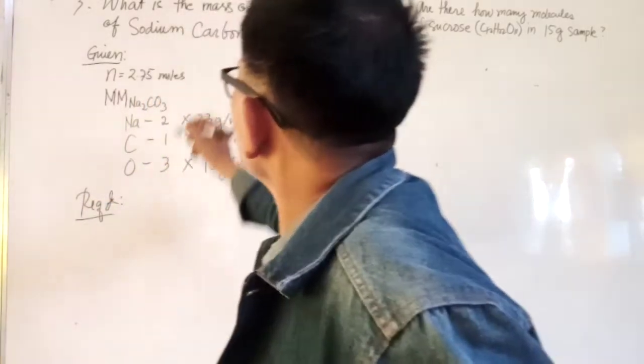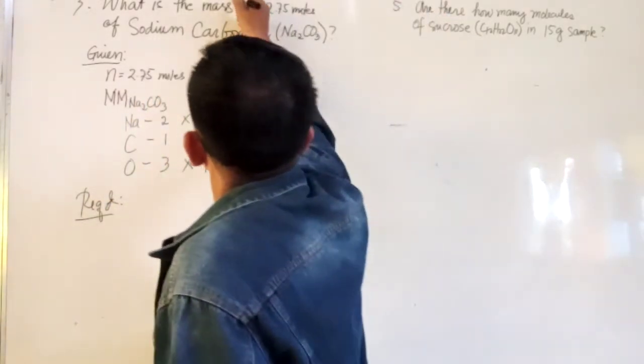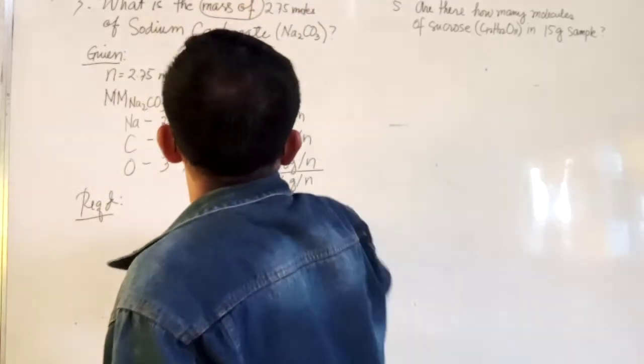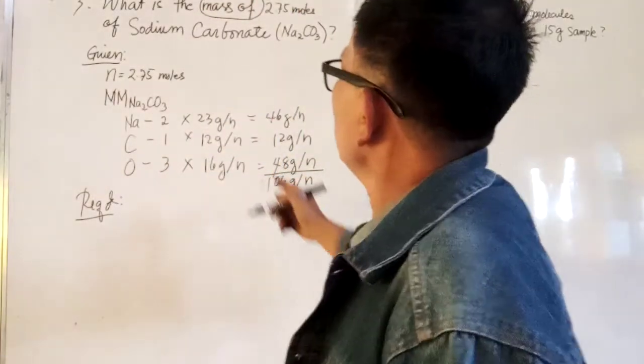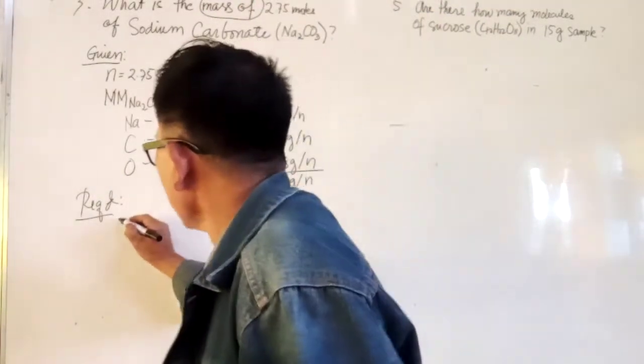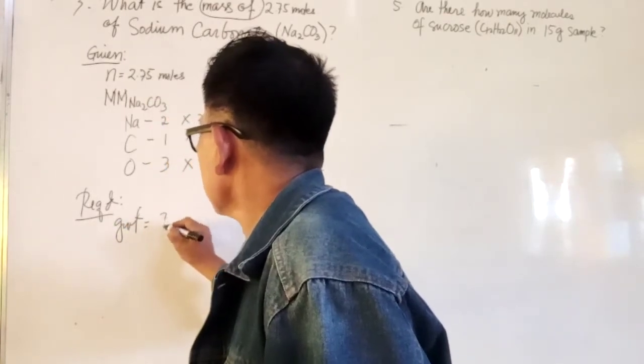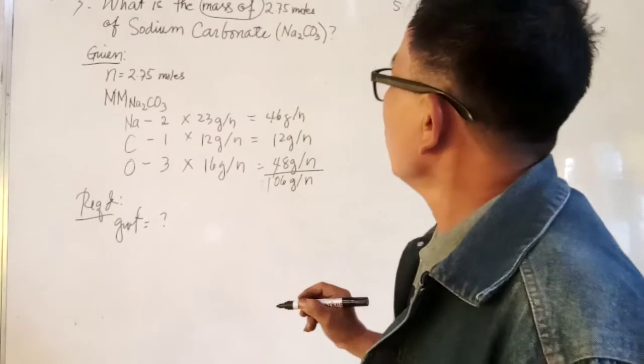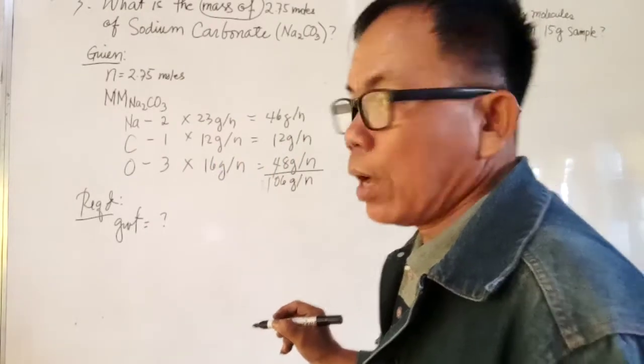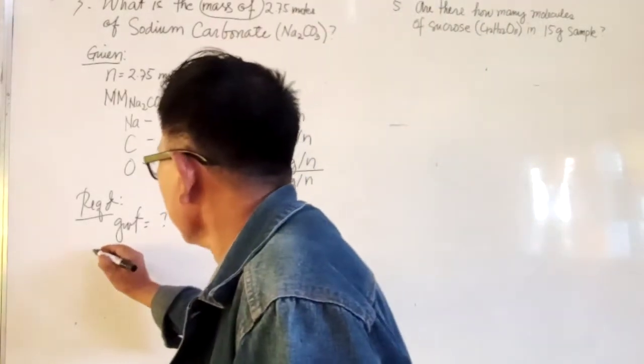Based on the problem, what is being asked is the mass of sodium carbonate. That means you are going to look for the GWT, or the given weight, of sodium carbonate. Now, the solution is like this.